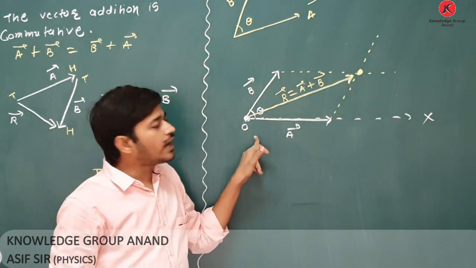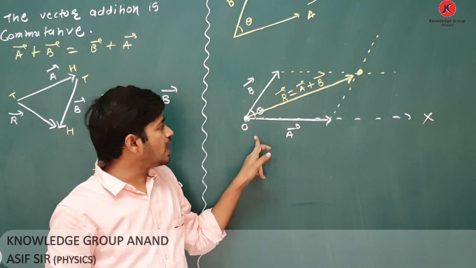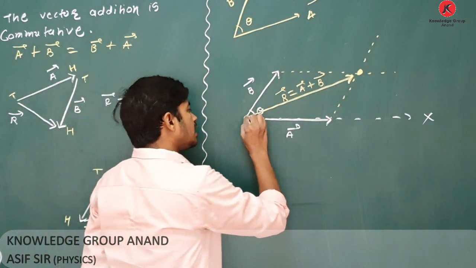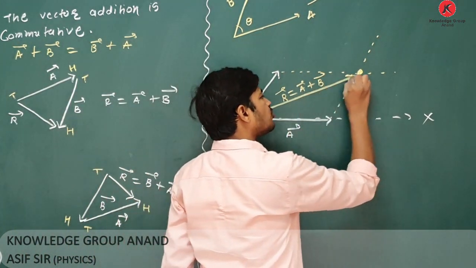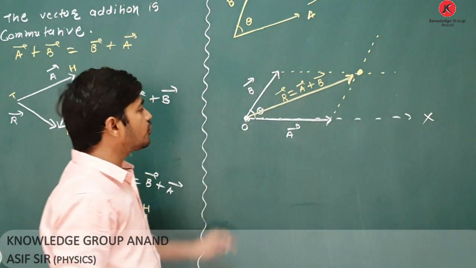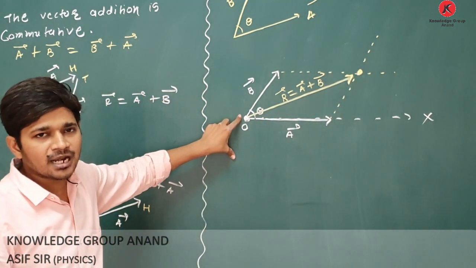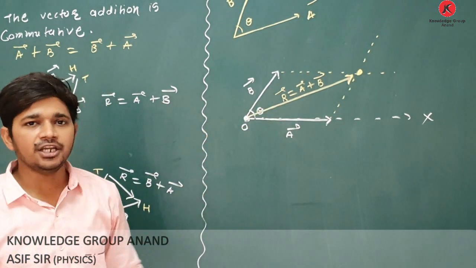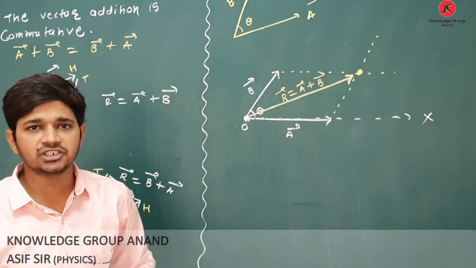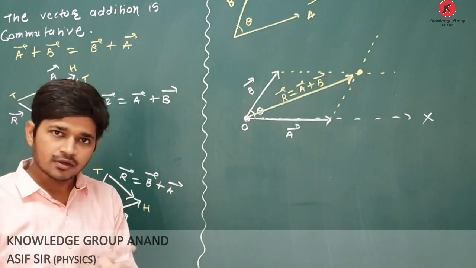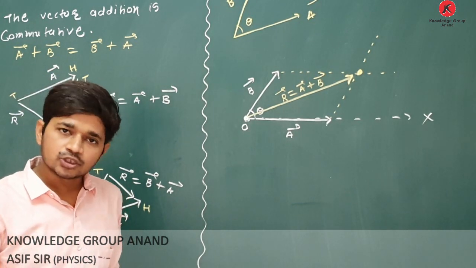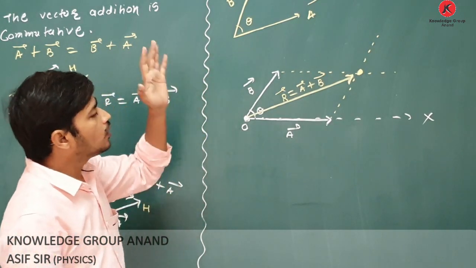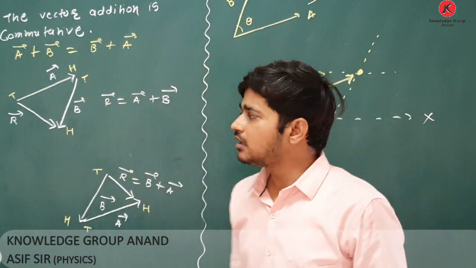Take these two vectors as adjacent sides of a parallelogram and complete the parallelogram. Then the diagonal passing from the common point gives the vector addition.